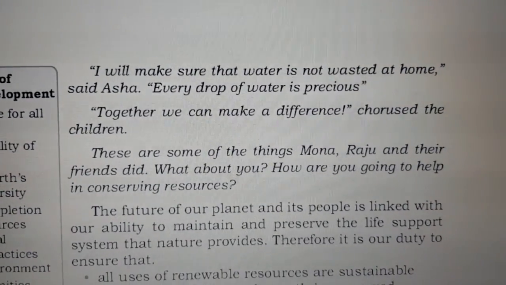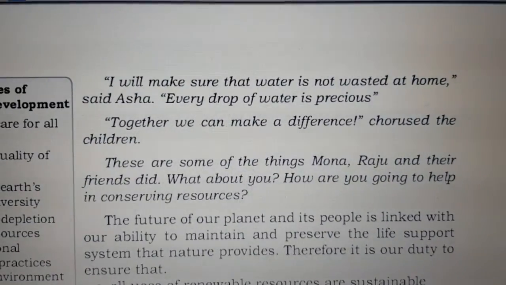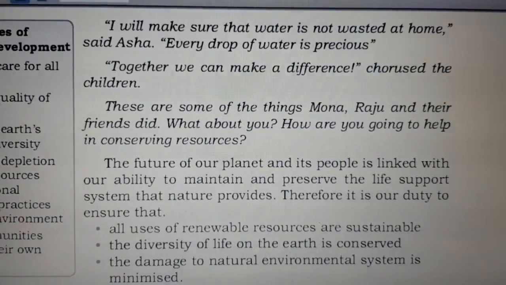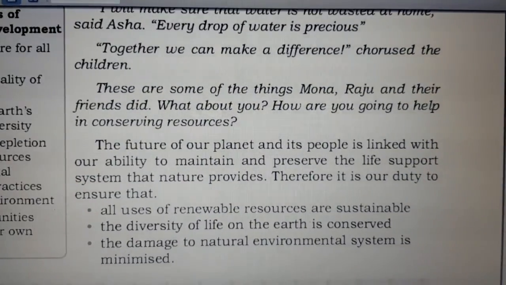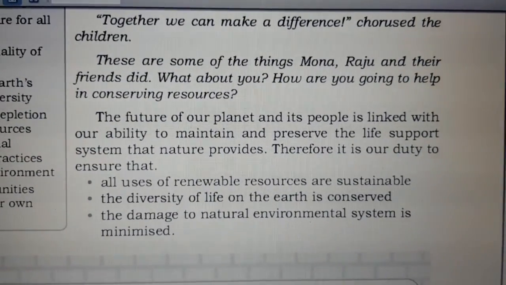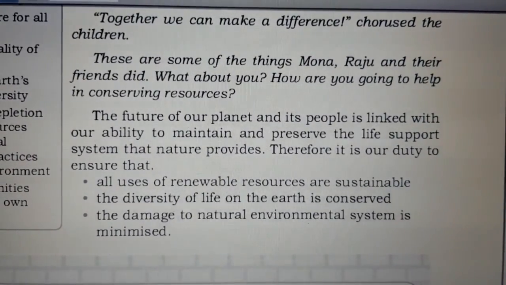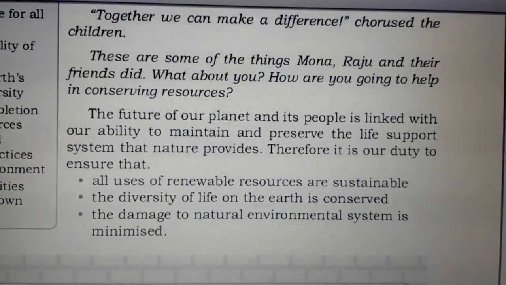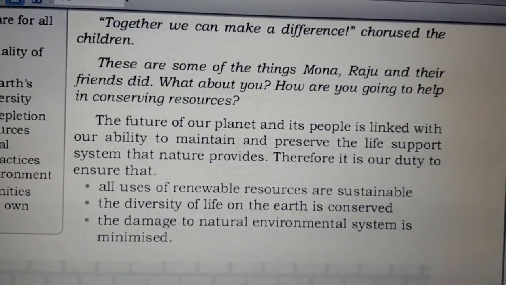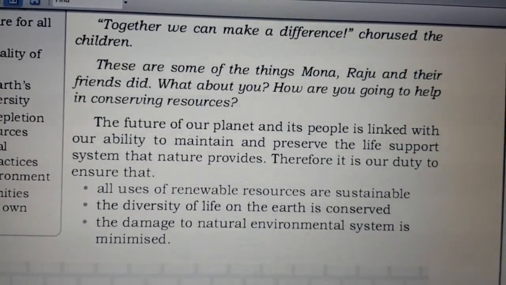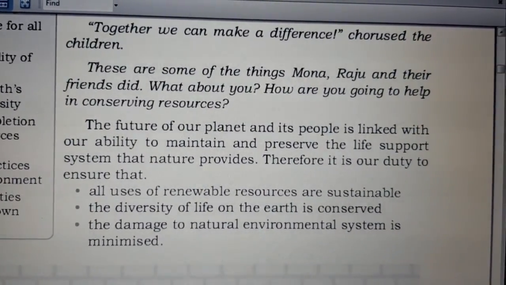These are the measures through which we can conserve our precious resources. The future of our planet and its people is linked with the ability to maintain and preserve the life support system that nature provides. Therefore, it is our duty, if we are living on the earth, to maintain, preserve and conserve the resources.